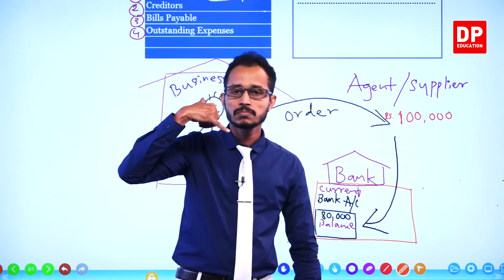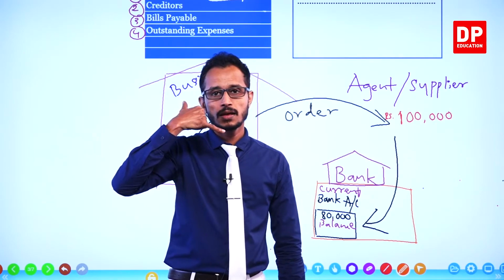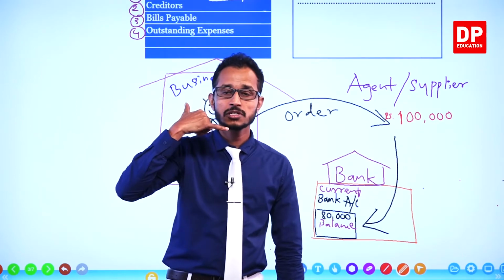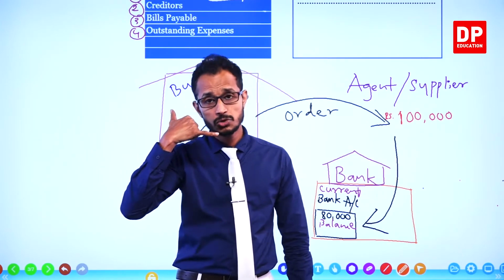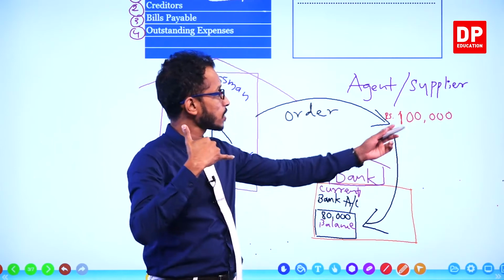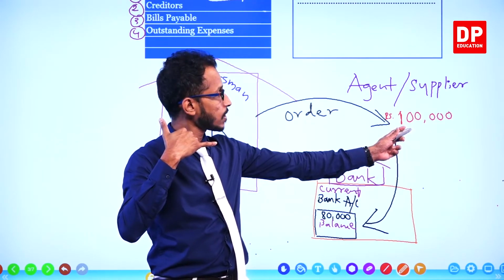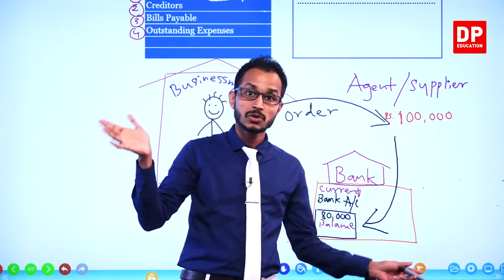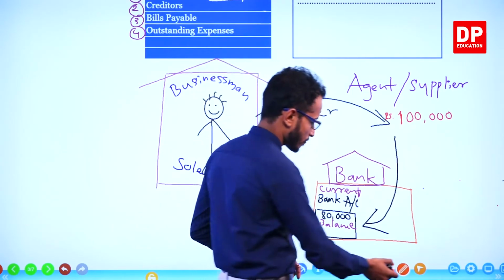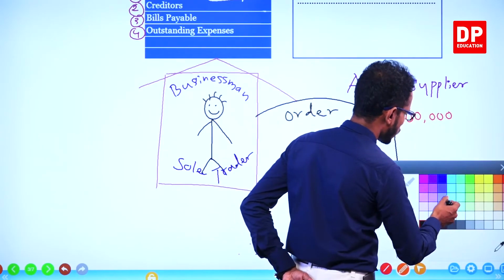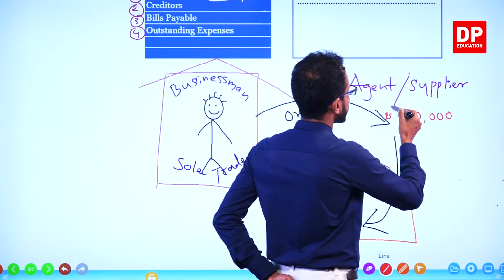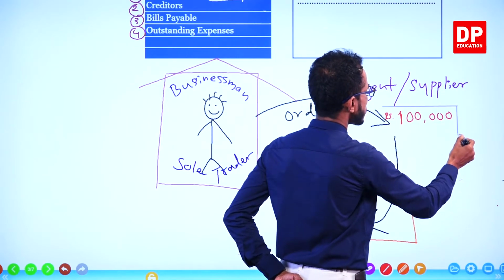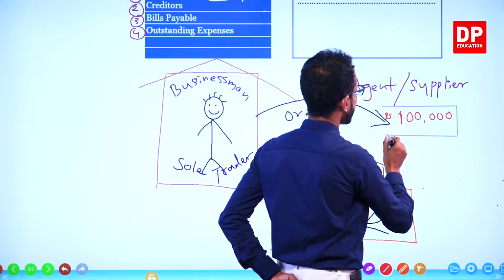So they call me, and most of the time the bank manager says, "Mr. Ranasinghe, you have issued a check of 100,000, but you have insufficient funds in your account. The check is for 100,000, but you have only 80,000."